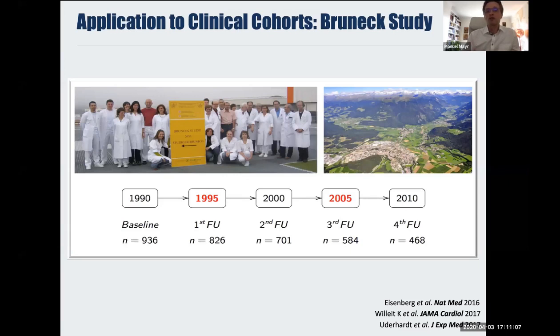And this is very important because we can determine protein levels before the onset of disease, and we have less confounding by comorbidities and medication, as you usually have when you just use case-control studies. And Bruneck is shown here on the right. It's a small town in northern Italy. And one advantage of this study is that because the scenery is so beautiful, very few people actually leave. So this study has exceptional follow-up rates of up to 98%.